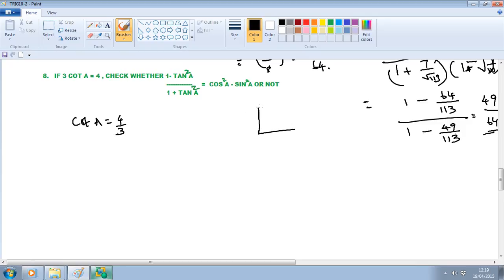So in every problem we should try to draw the diagram. Put the angle as A, then cot A is adjacent side 4, opposite side 3. Now you can just put the values and check. Cot A is 4 by 3. Correct?